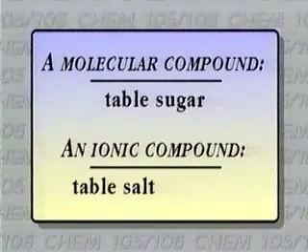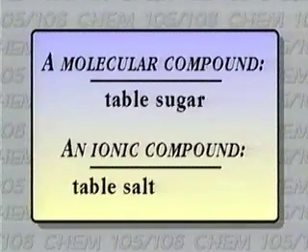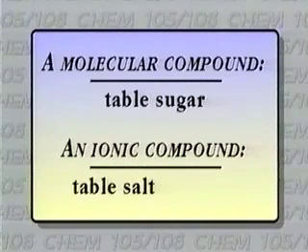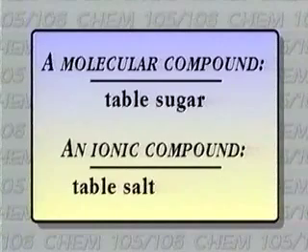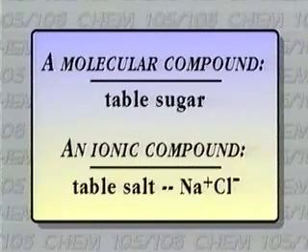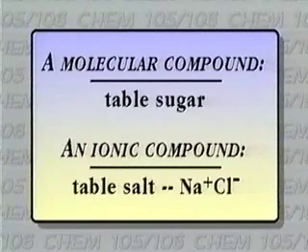But compounds can also be composed of charged species called ions. For instance, your normal table salt is actually ionic. It is composed of a charged sodium particle called a sodium ion and a charged chlorine particle called a chloride ion.